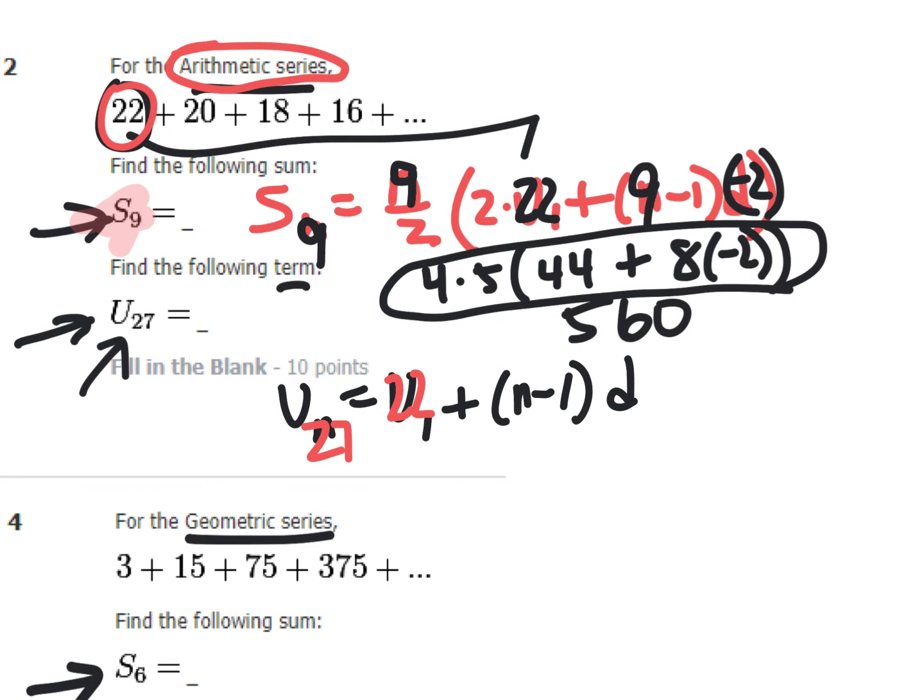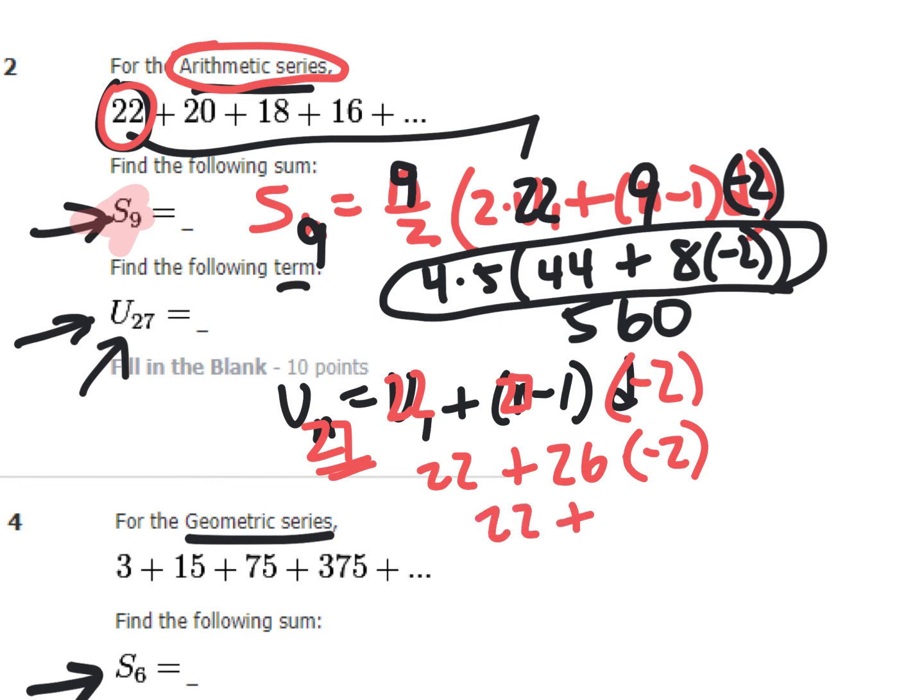And then n minus 1, n is, again, our same number here, 27, times d, the common difference, which was negative 2. So a little easier formula this time. 22 plus 27 minus 1 is 26, times negative 2. And let's see, 22 plus negative 52. I think that's negative 30. I am sick, but I'm pretty sure that's right. All right.